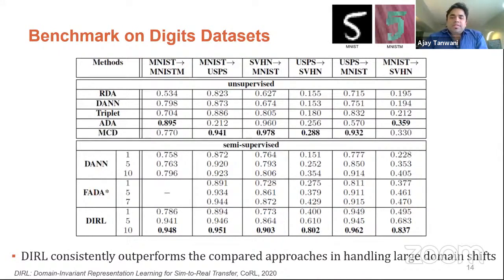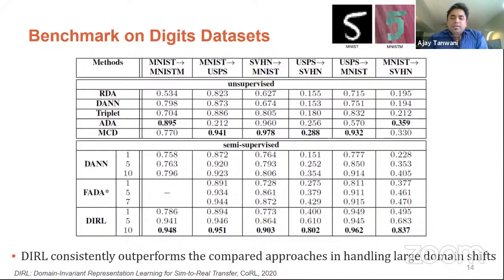The results suggest that MCD performs better among unsupervised approaches by minimizing the conditional distribution discrepancy across domains, but it suffers in problems with large domain shifts such as USPS to SVHN or MNIST to SVHN.